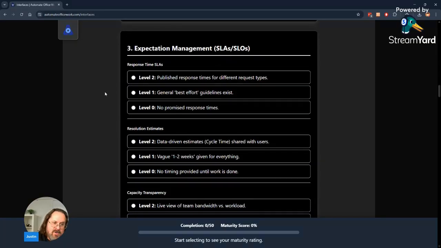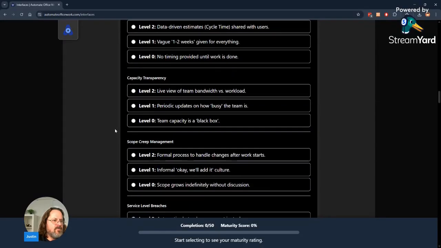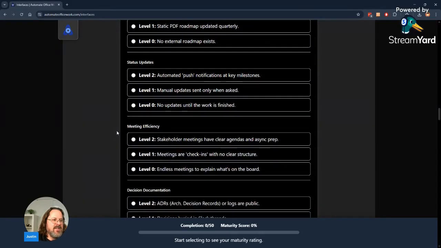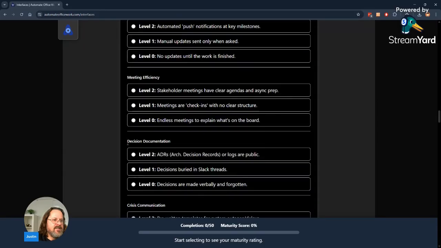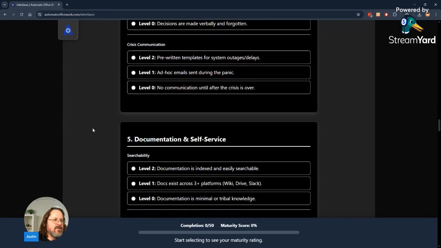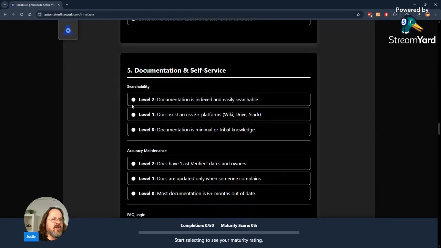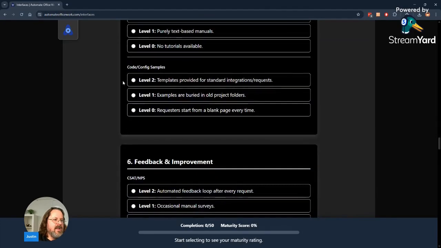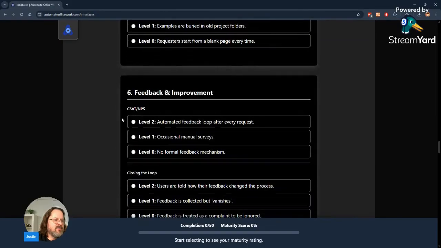How do you communicate to people what they can expect from you? Next is stakeholder communication, like roadmap sharing, status updates, meeting efficiency, decision documentation, crisis communication, documentation and self-service, and feedback and improvement.